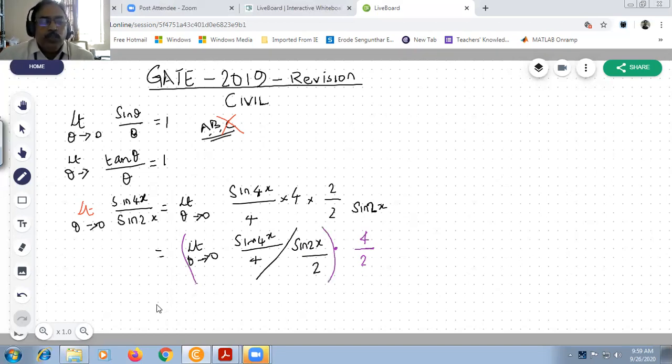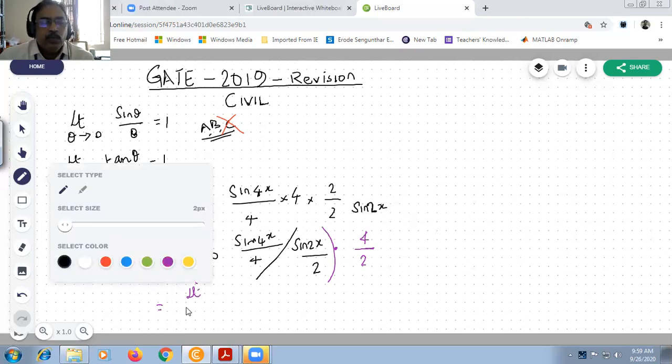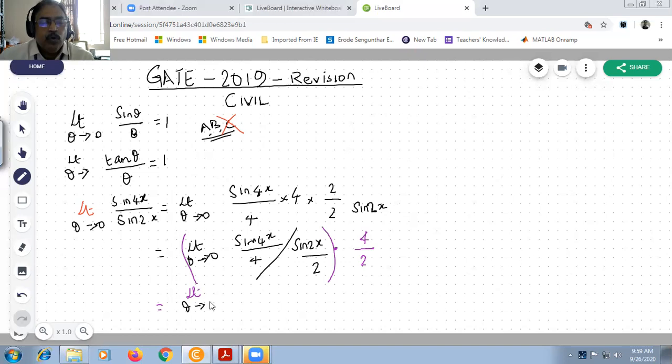So what happens to this limit? The limit of sin 4x by 4, whole divided by the limit of sin 2x by 2, into 2.